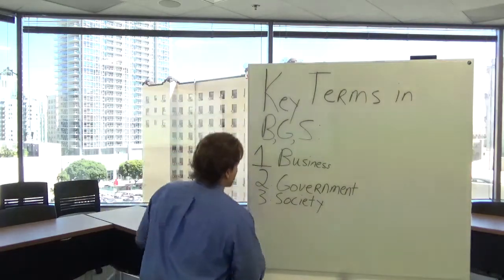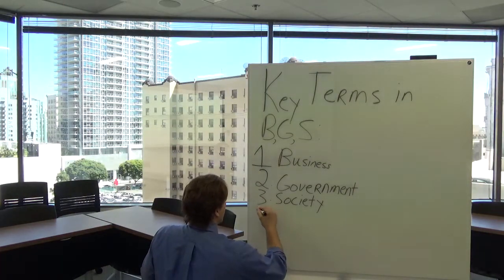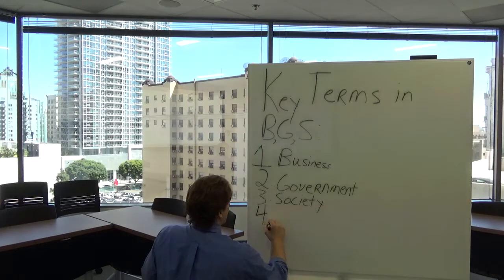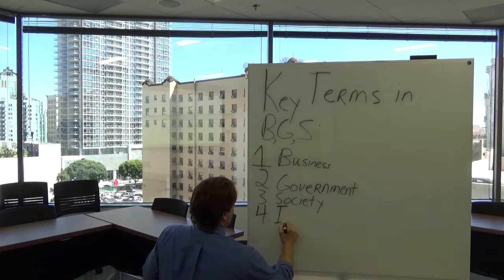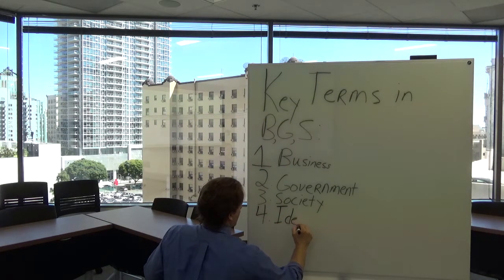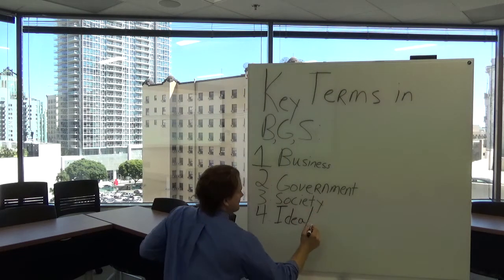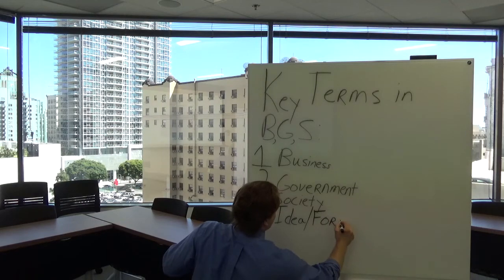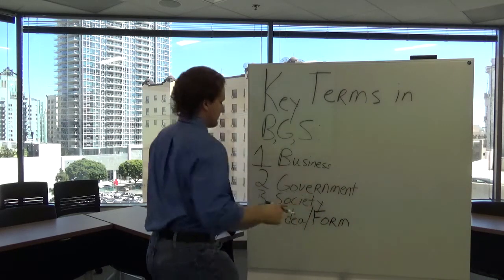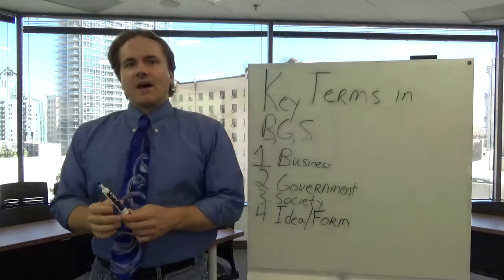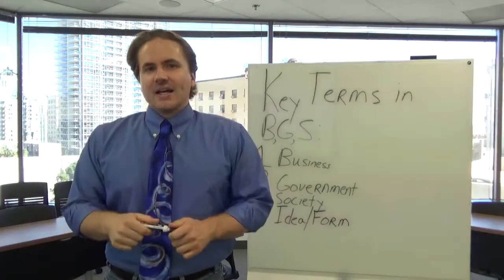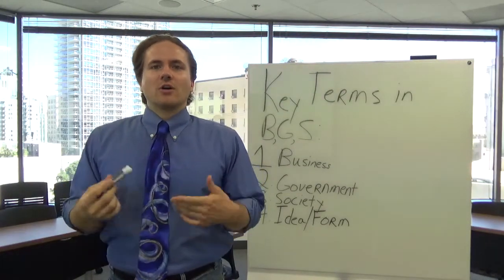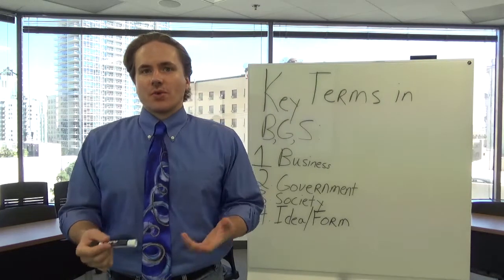Now our next one is idea, also known as a form. An idea is basically an abstraction of moral, mathematical, or logical thought.